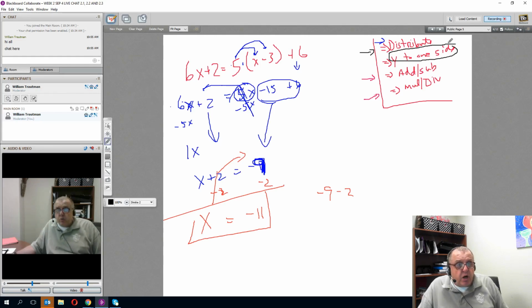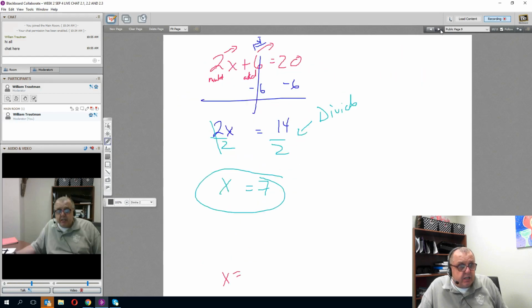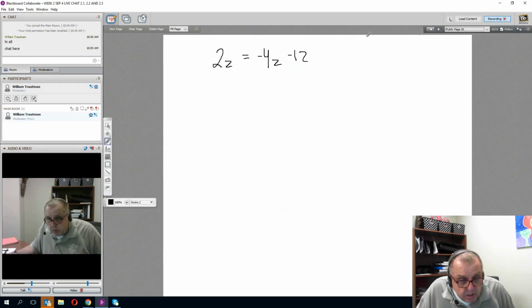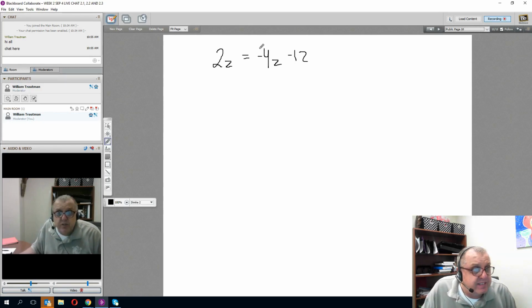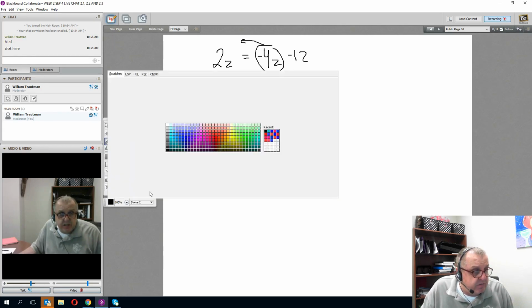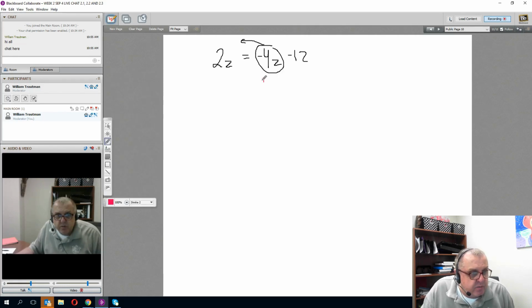Next, get the z's to one side. So I want to take all the z's to this side. It's a minus 4z. The opposite of minus 4 is plus 4. So I'm going to add 4z to both sides.